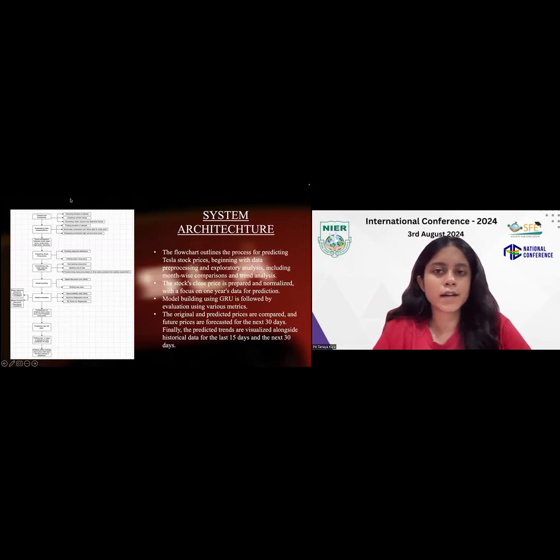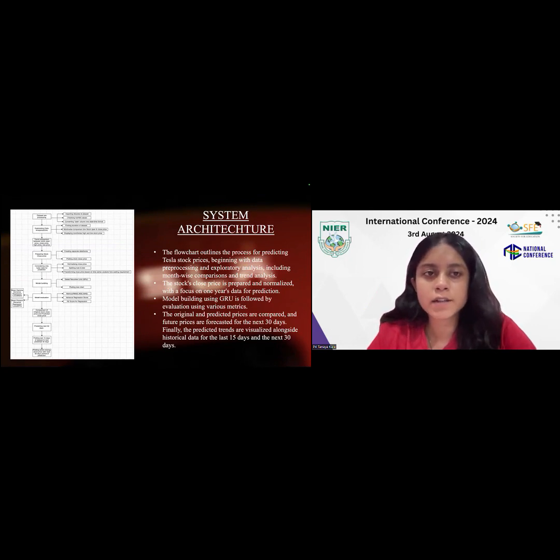So this is the system architecture of what I have done. Initially, data processing is done, libraries are imported, null values are checked, and the date column is converted to date time format, as there are 4 attributes. The next is EDA, that is the advanced pre-processing, where the duration of the data set, which is 5 years from 2016 to 2021, is examined.